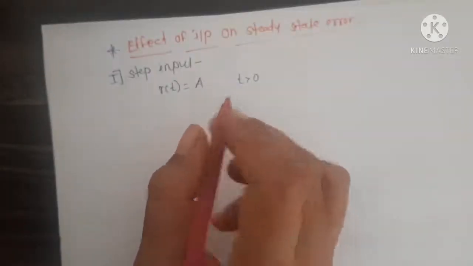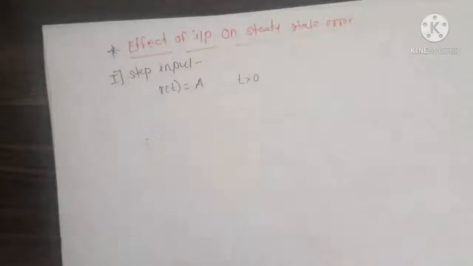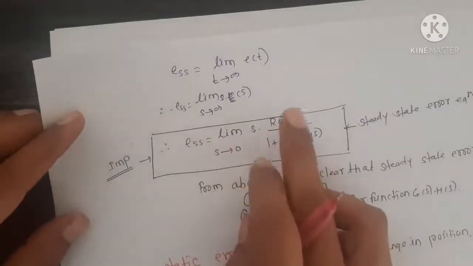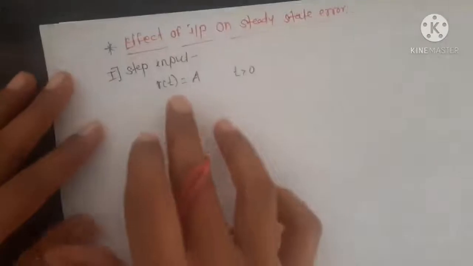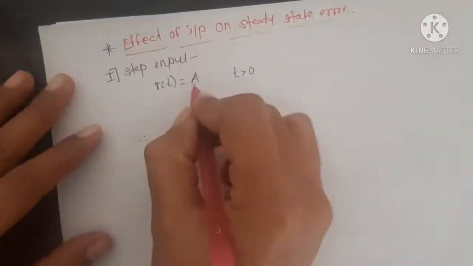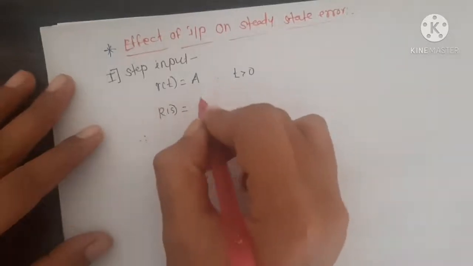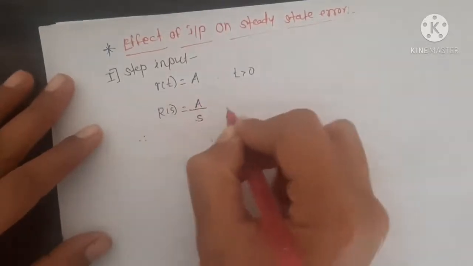But our formula is limit s tends to 0, s into R of s. We require R of s, not R of t. R of s is nothing but the Laplace transform of this R of t. So what will be the value of R of s? It is A upon s.